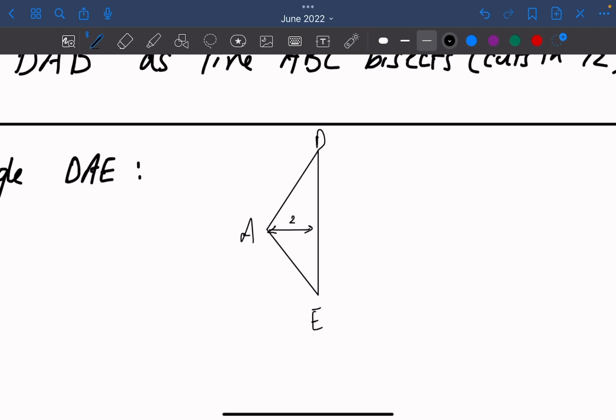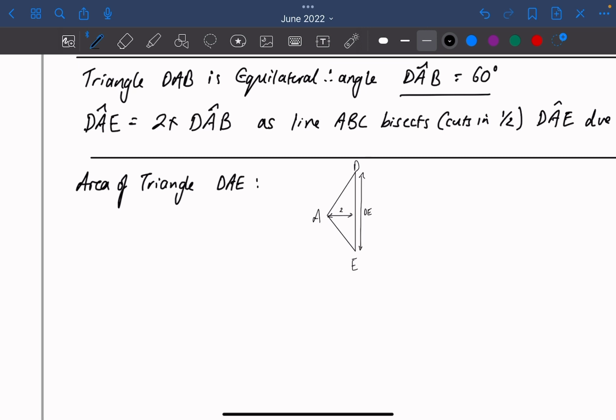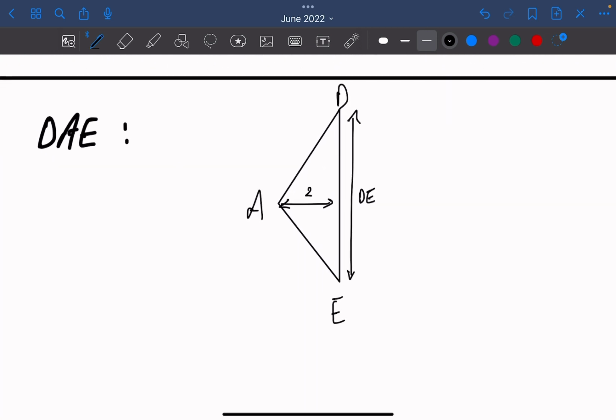We want to find out what the length of DE is. An easy way to do this is to use Pythagoras. So we know that that's 2. This is 4, this is 4, there's a radius. Let's just split it up into 2 triangles.